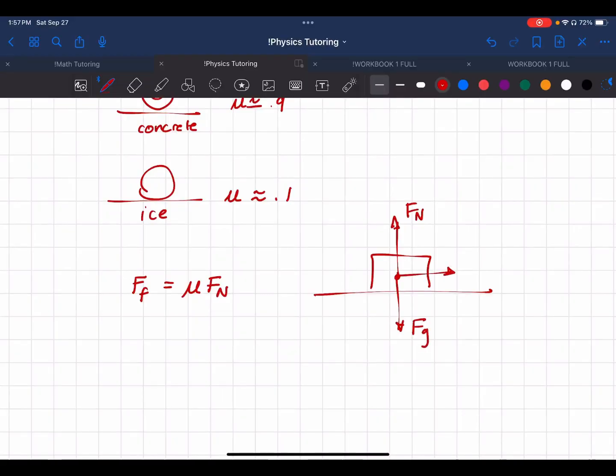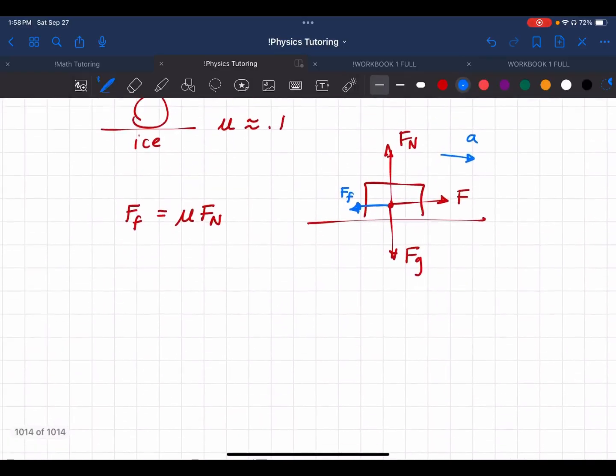Friction will be the other way, right? It resists motion, the small f. Whatever way my acceleration is, let's say a is going to the right, well, friction will be the other way. It's gonna resist that motion.